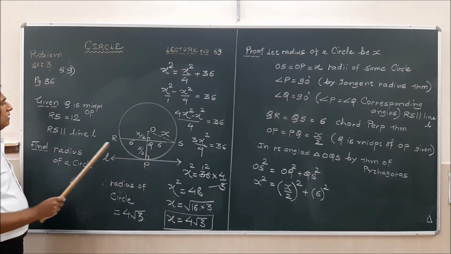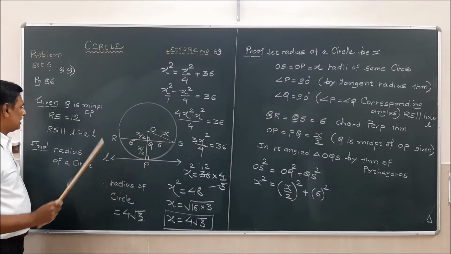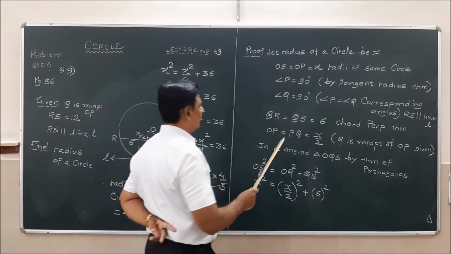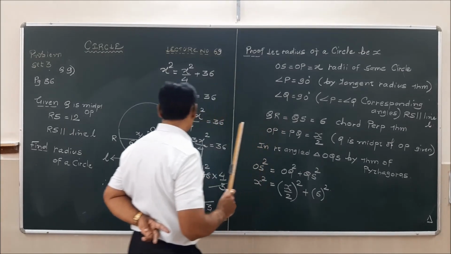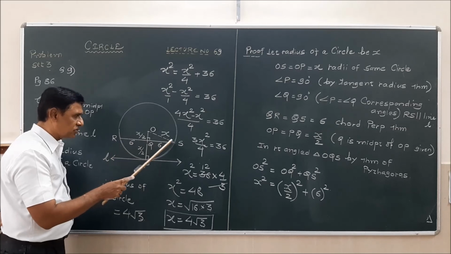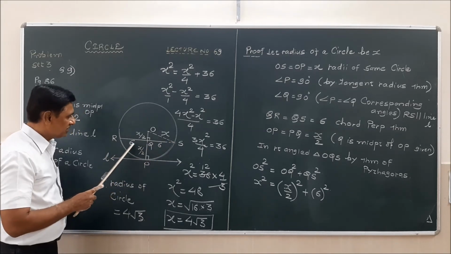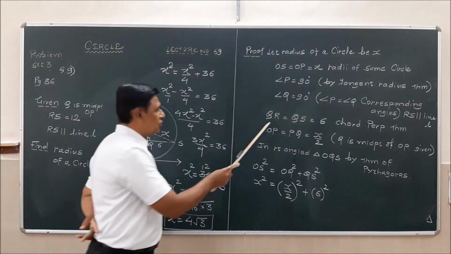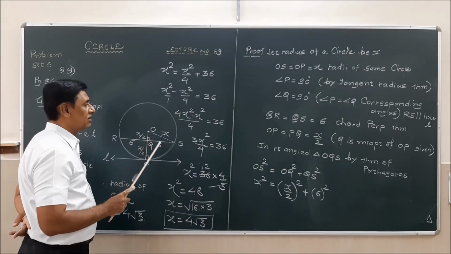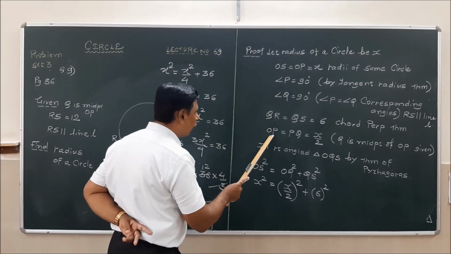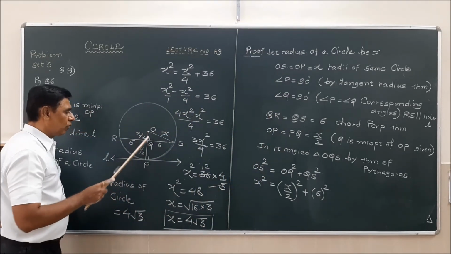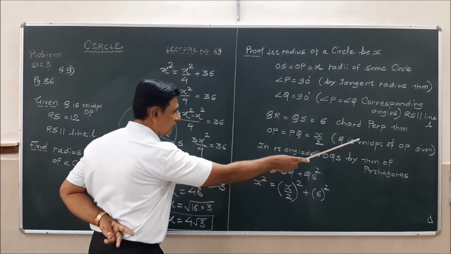Therefore, you will find these are 90 each. But a perpendicular drawn from center to the chord bisects the chord. Chord is 12, so this is 6 each. QR is equal to QS is 6. OP is x, so OQ is equal to PQ is x upon 2. Q is a midpoint of OP.